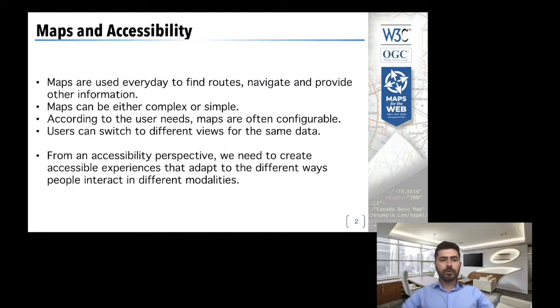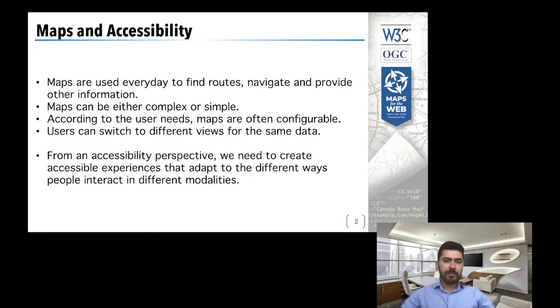So today we're going to talk about accessibility and maps. As you know, maps are used every day to find routes, to navigate, provide other information, and all other very important user needs. Maps can be either complex or simple objects, and according to the user needs, they are configurable, so users most of the time switch between different layers in order to see different data for the same geographic area.